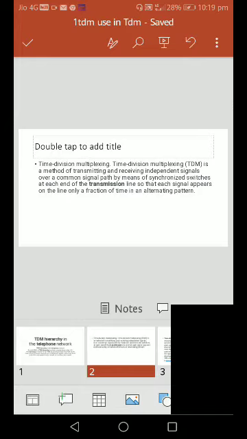Then TDM, time division multiplexing. TDM is the method of transmitting and receiving independent signals over a common signal path by means of synchronization switches at each end of the transmission line, so that each signal appears on the line only a fraction of time in an alternating pattern.